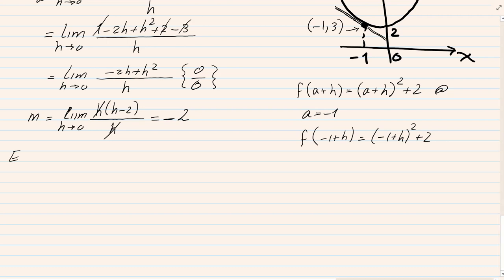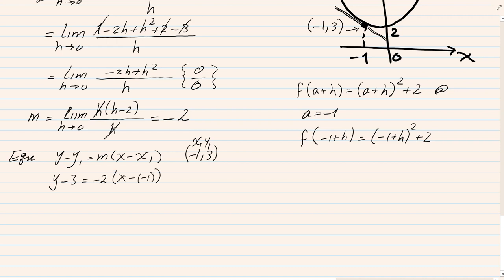Now, the equation of the tangent line, we're going to go y minus y1, point-slope form of a line. And let's see, remember we are at point -1, 3. So here's my x1, here's my y1. So it's going to be y minus 3 equals the slope we found to be -2, times x minus -1.